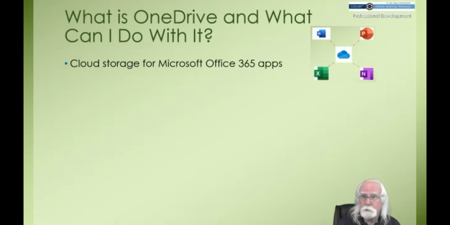You can put them elsewhere if you work at it hard enough, but OneDrive is the default file save location for Office 365 applications. So it kind of sits here at the center of the system and communicates, and you have two-way communication between it and all of these, and as we'll see in a minute, also between it and Canvas.